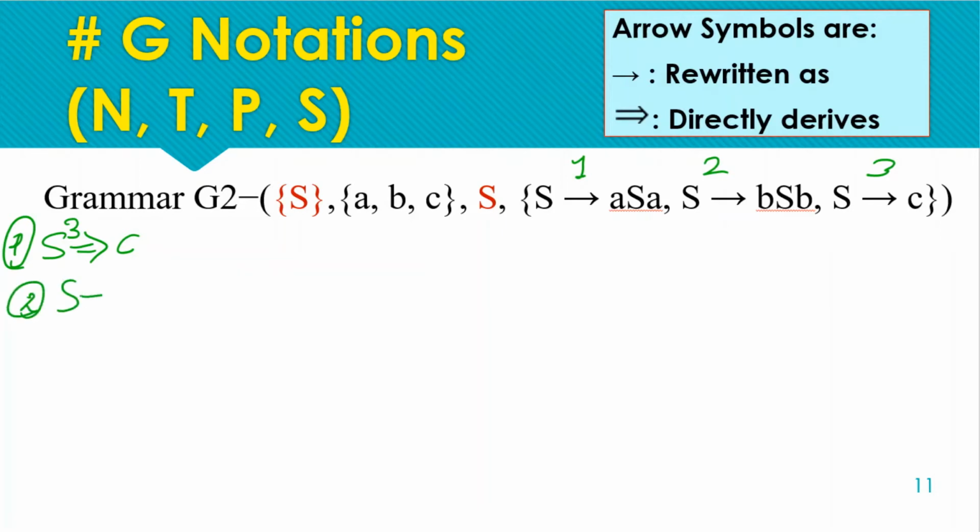If we are using rule number 1, A S A, now we have to terminate S. For termination we are using C, so A, C, A, by the application of rule number 3. So the string that can be derived is A, C, A.